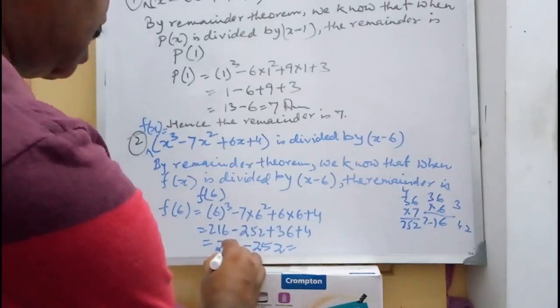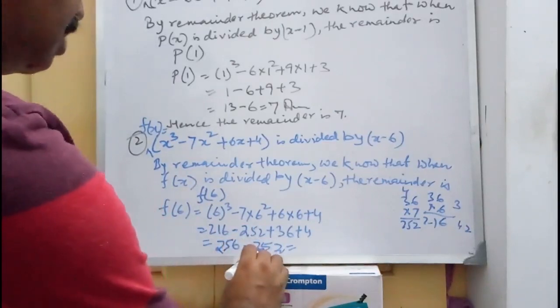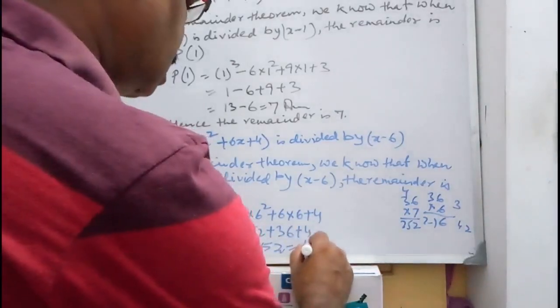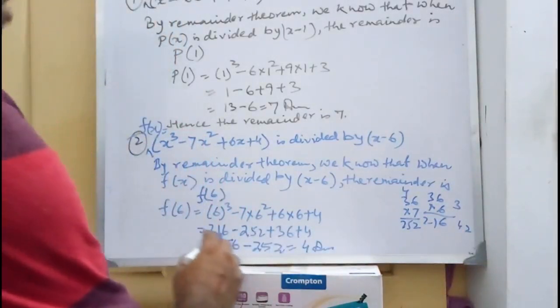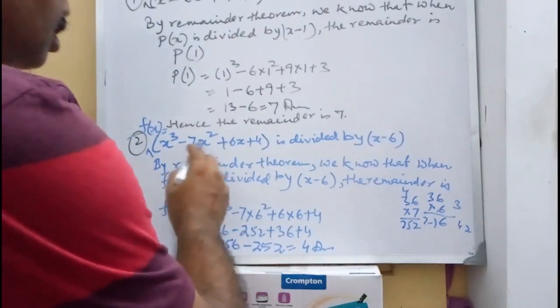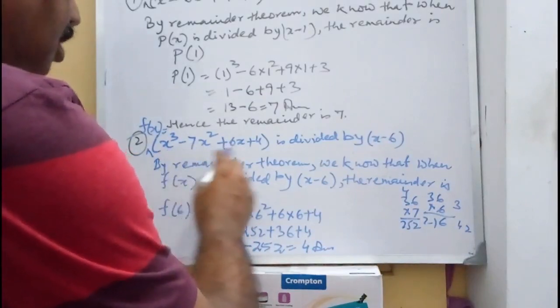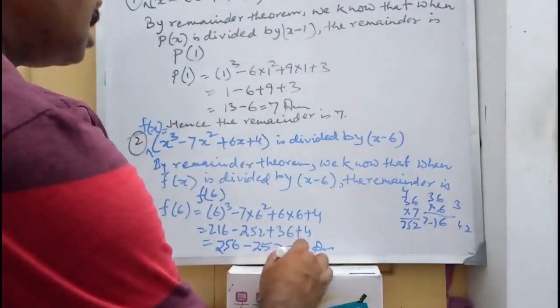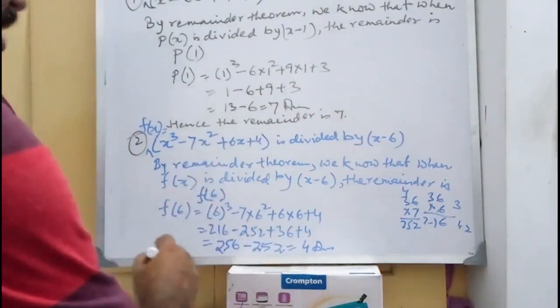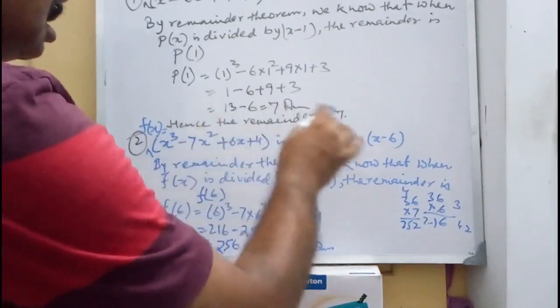So 256 minus 252, the answer is 4. So the remainder, when this polynomial is divided by x minus 6, is 4. So afterwards you write that one, hence the remainder is 4.